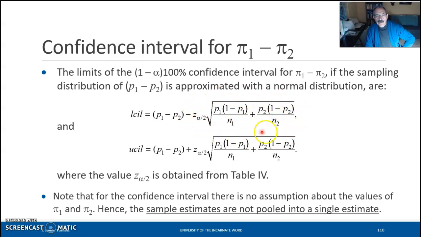So this is the margin of error. You subtract that from the difference to find the lower confidence limit, and then you add the margin of error to the difference to find the upper confidence limit.